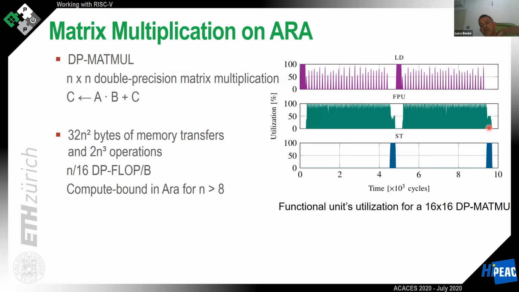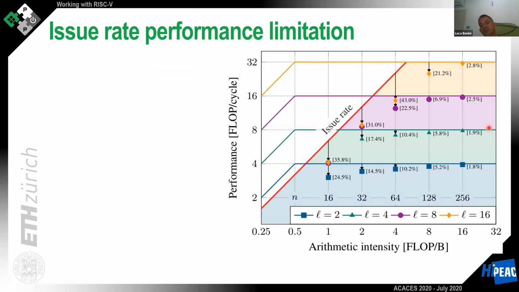Results are shown here, and as you can see, for matrix multiply, the ARA processor, as soon as you go toward fairly modest matrix sizes, this is 32-bit, 32 elements, 64-bit, and so on, you are really at just a few percent from your roofline.